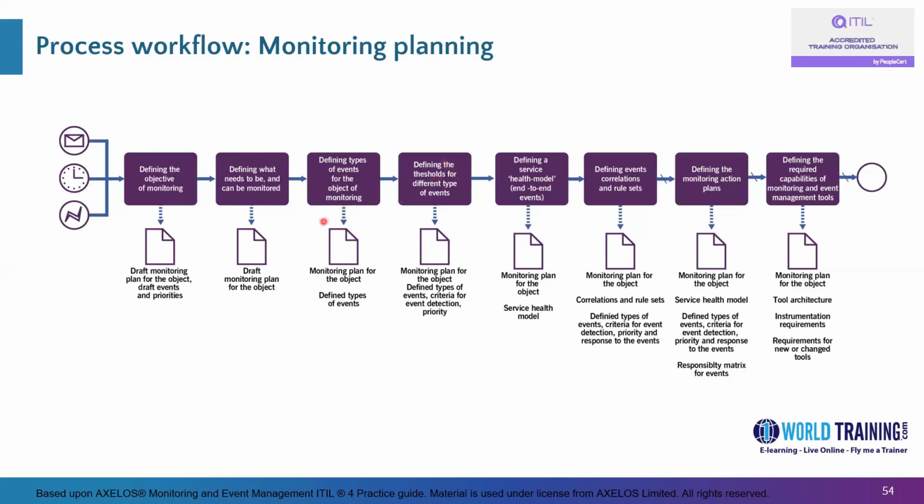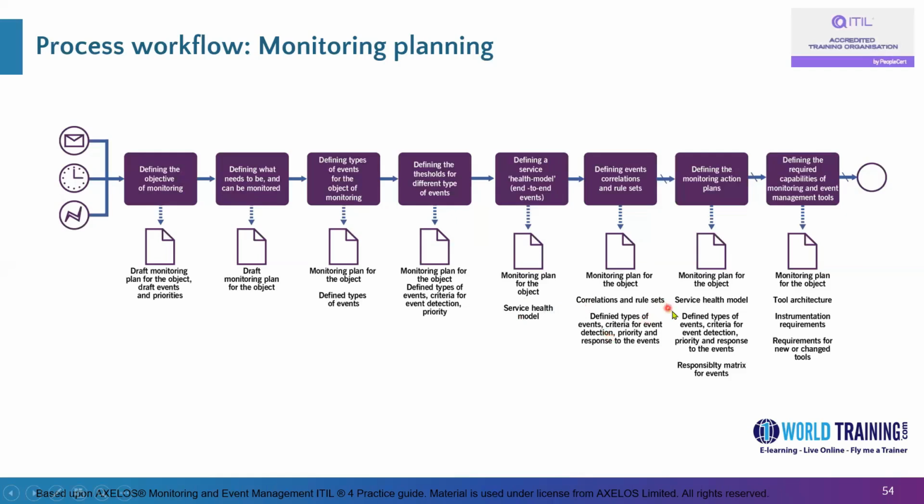Therefore, we see in the third activity the monitoring plan and the defined types of event. Then the fourth one: the monitoring plan for the object and the defined types of events, and also the criteria for event detection and priority. And in the fifth step, the service health model is added. In the sixth, the correlation and rule sets and the response to the events.